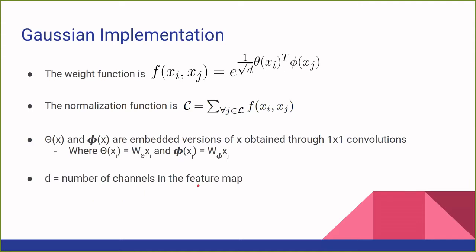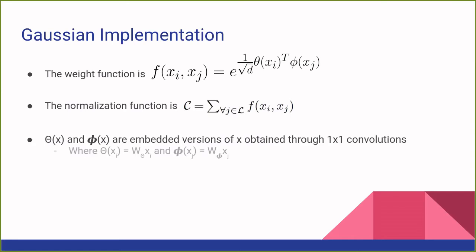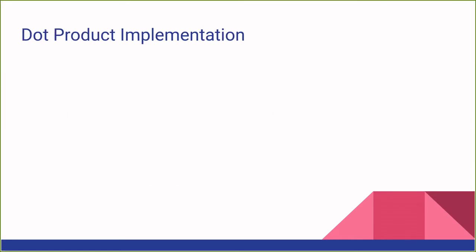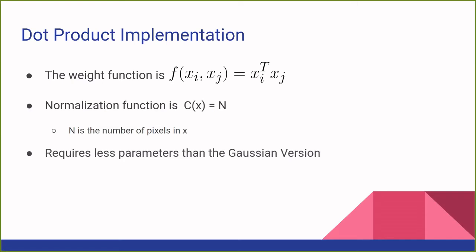If we look at the previous equation, we find that f over C is similar to a softmax equation. For the dot product implementation, the weight function is equal to x_i transpose x_j, while the normalization function is C(x) equal to N, where N is the number of pixels in x. And as you can see by the equation displayed, it requires a lot fewer parameters than the Gaussian version.